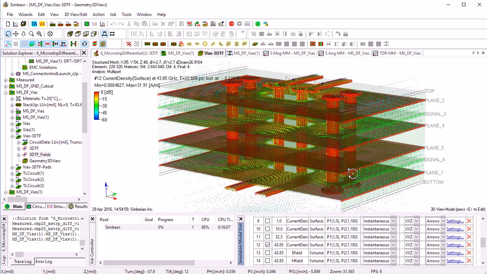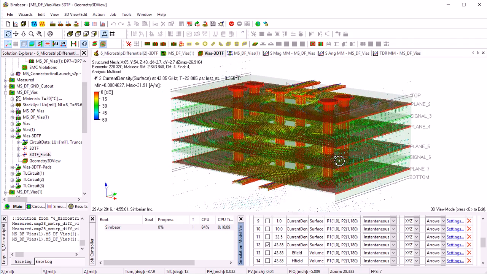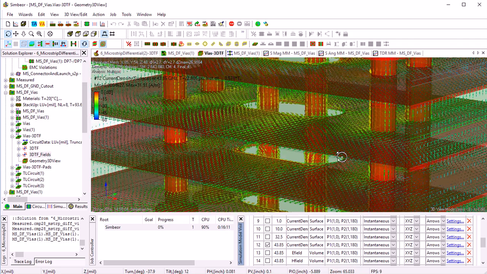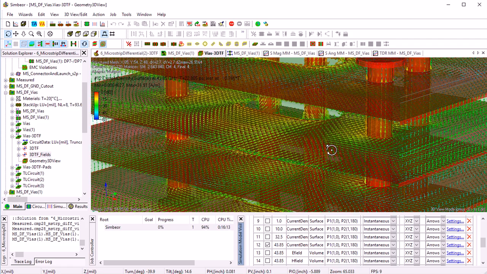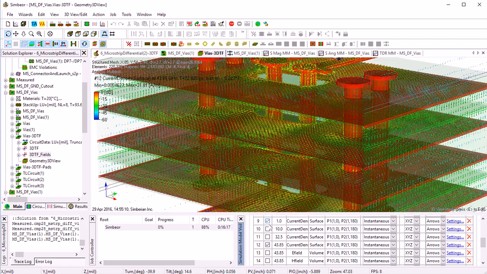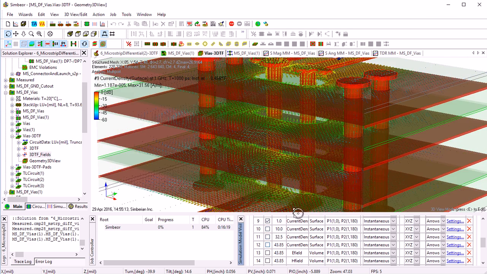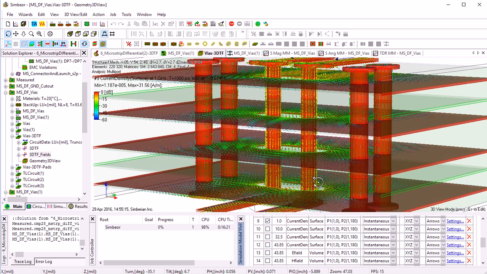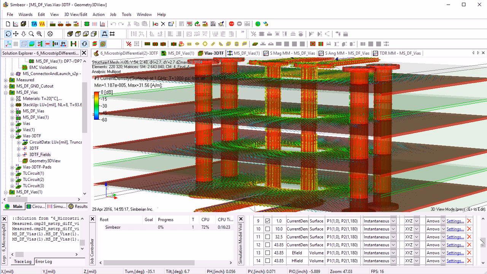In reality they're just going through something else on the board. That is really difficult to predict with 3D analysis. And compare it to 1 gigahertz, you can see a really striking difference in behavior.